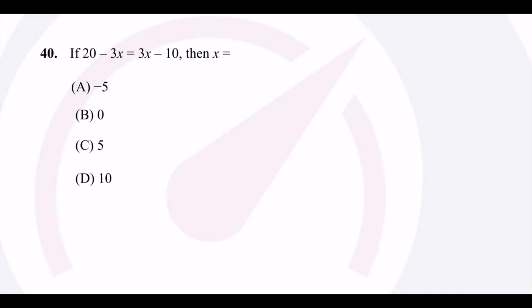Question 40. If 20 minus 3x is equal to 3x minus 10, then the value of x is... So we're just solving for x. That's exactly what we're doing. We have 20 minus 3x is equal to 3x minus 10.